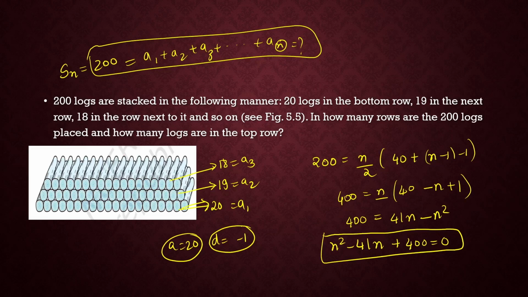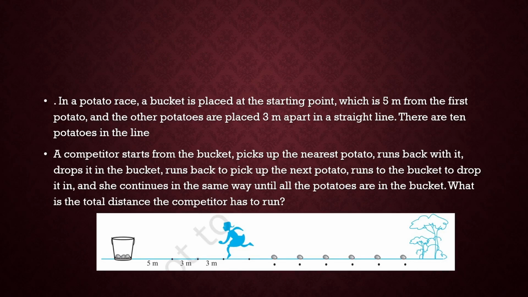So let's move on to the next question. In a potato race, a bucket is placed at the starting point, which is 5 meters from the first potato.